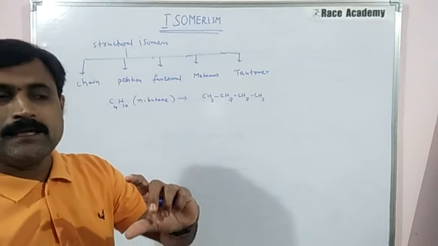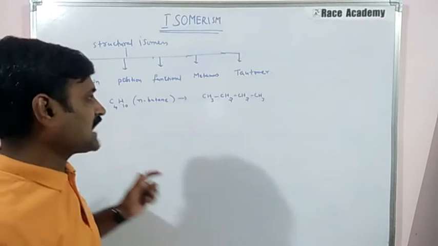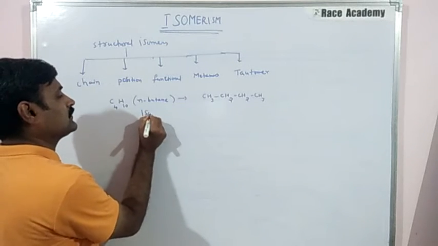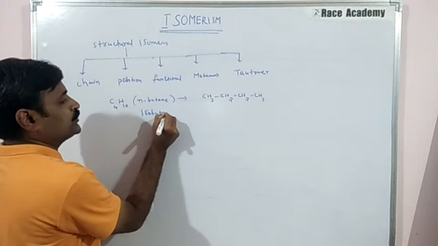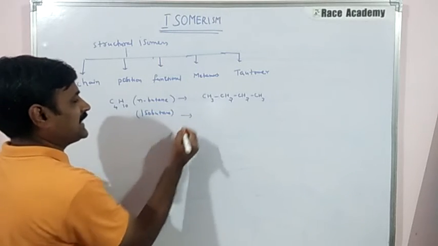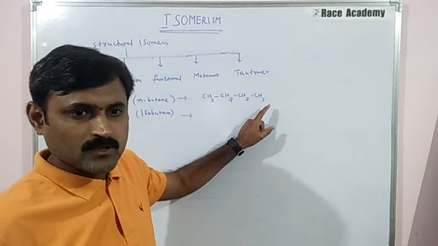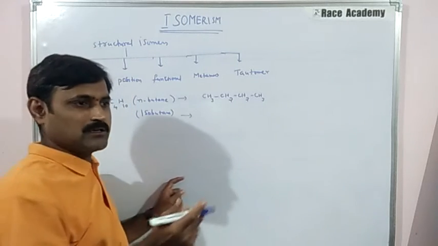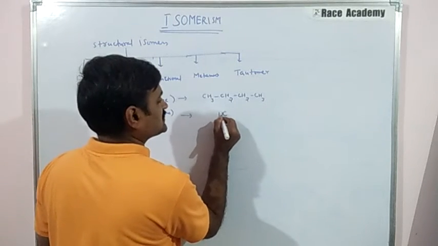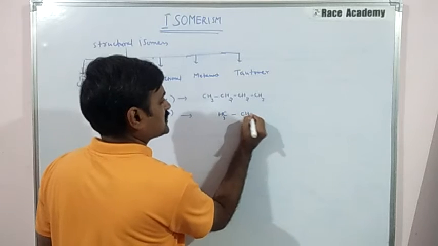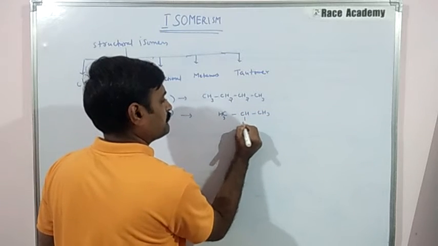The other one is isobutane, where the parent chain is definitely not the same. We select a 3-carbon chain with a CH, CH3 branch.